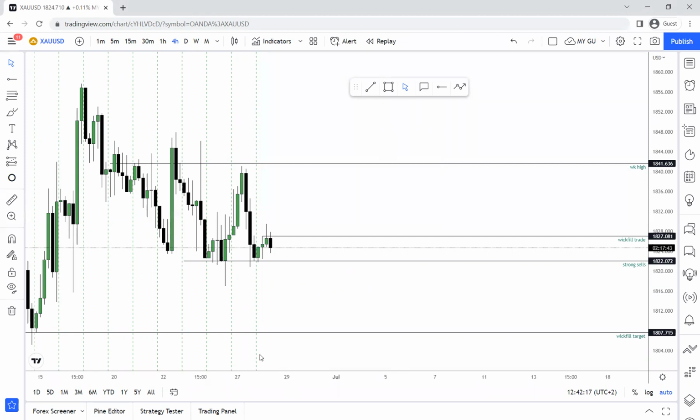We have a weak fill, which can push price lower, and we have more weak fills to fill while we still have clean traffic. With so many things pushing price lower, the only place that we might have to keep in mind would be right here.